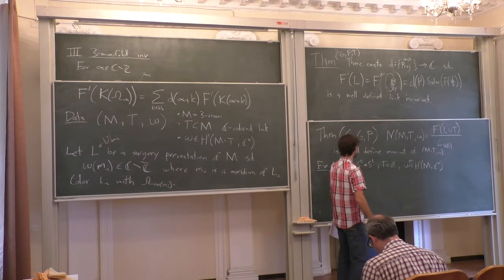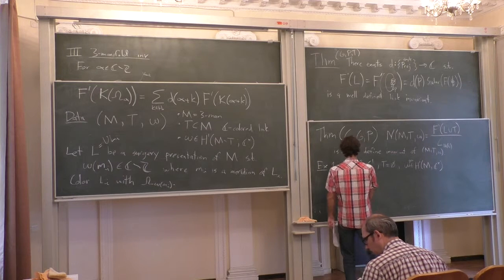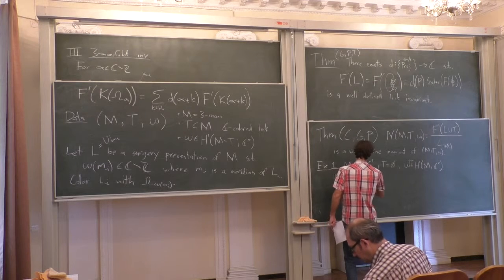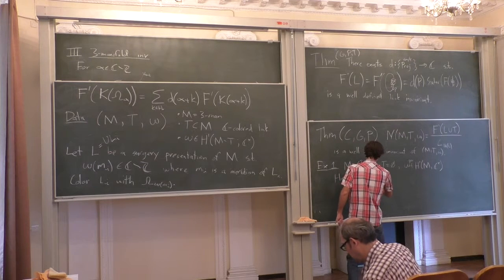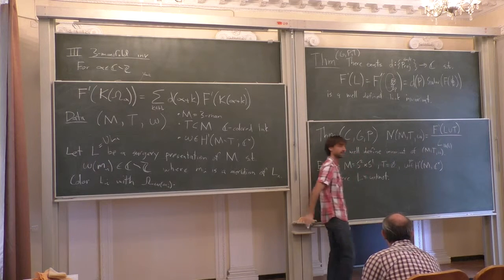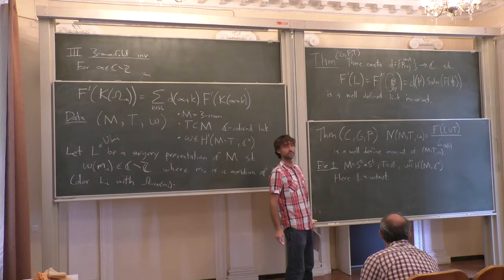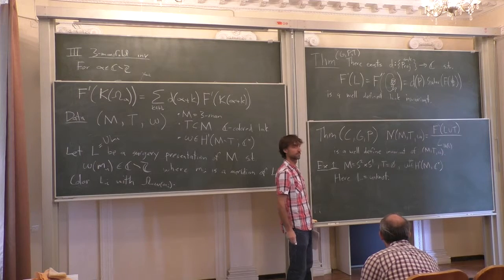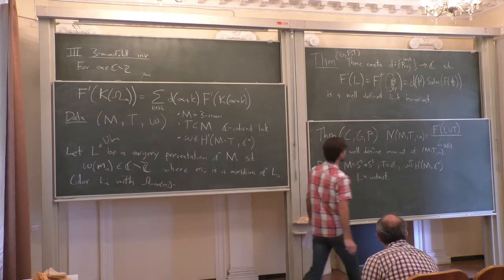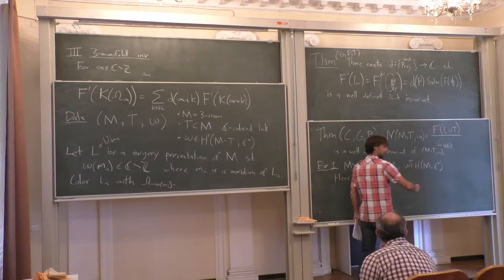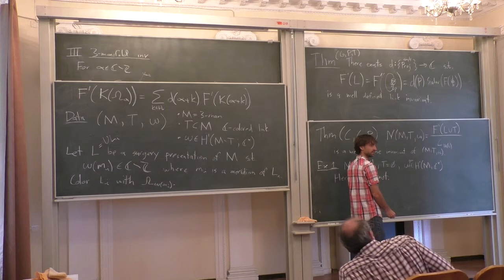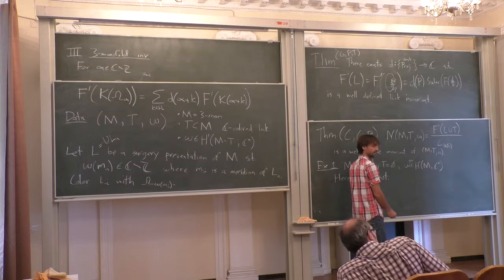So what I mean here by generic, well, here L is an unknot. Of this three-manifold, when you take the surgery presentation, you get L as an unknot. And I want the cohomology class to be non-integral on this link.